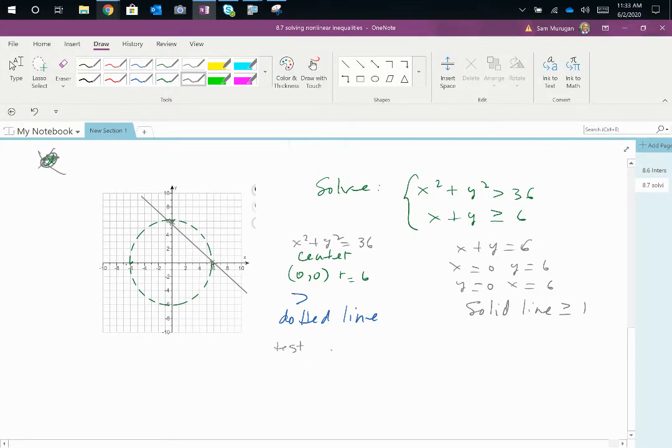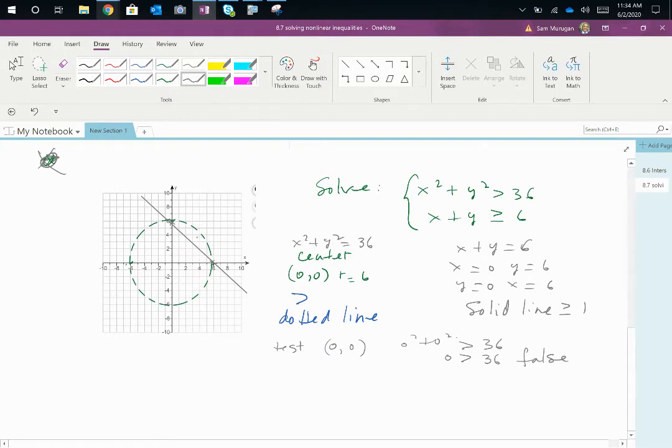Test 0, 0. First equation, we have 0 squared plus 0 squared is greater than 36. So obviously this is false, because 0 is not greater than 36. So next we're going to try a point above the line but inside of the circle.